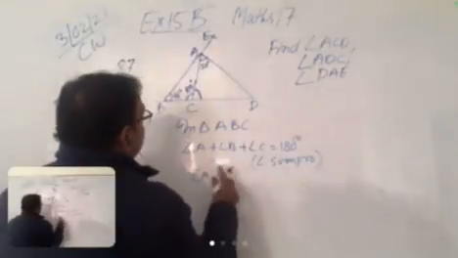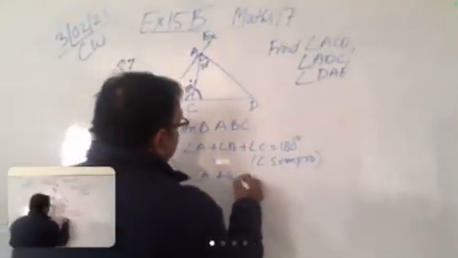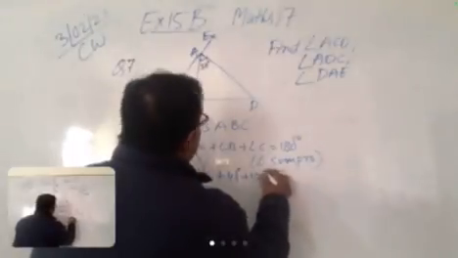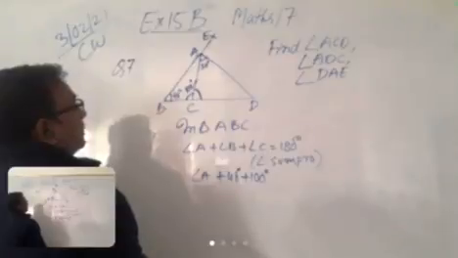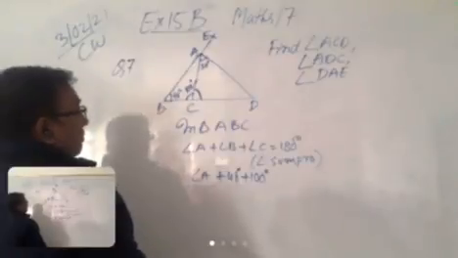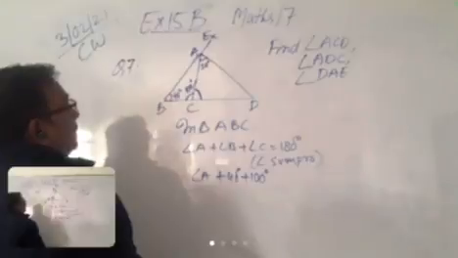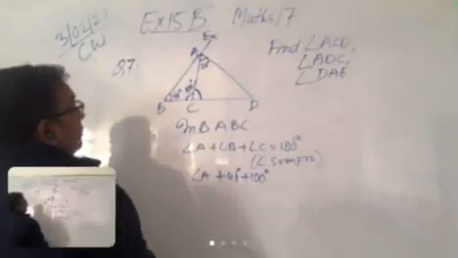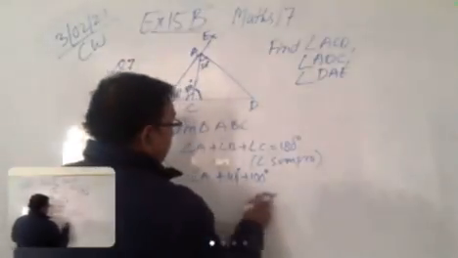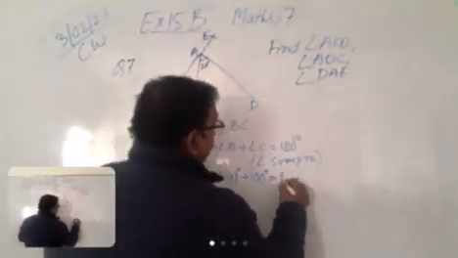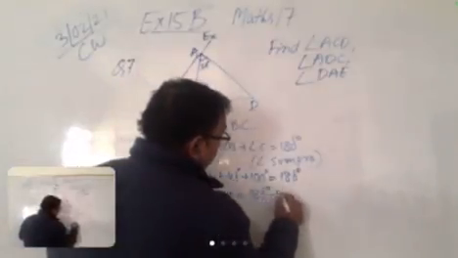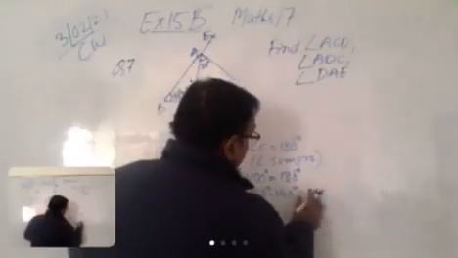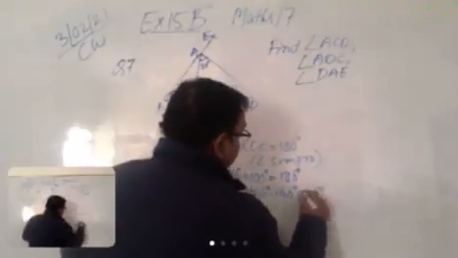Angle A plus 40 degree plus 100 degree is equal to 180 degree. So angle A is equal to 180 degree minus 140 degree, which is equal to 40 degree.